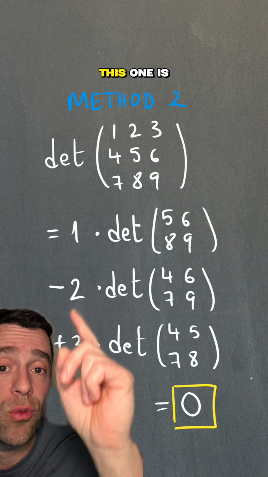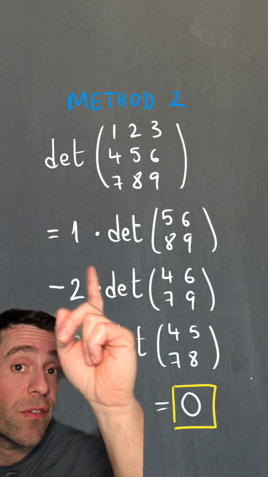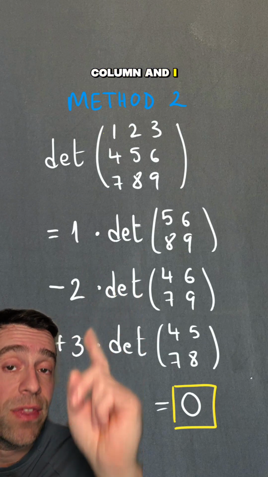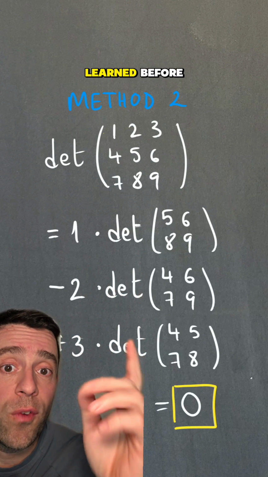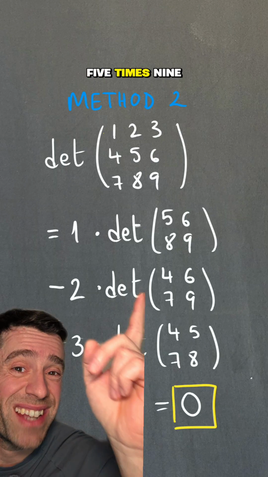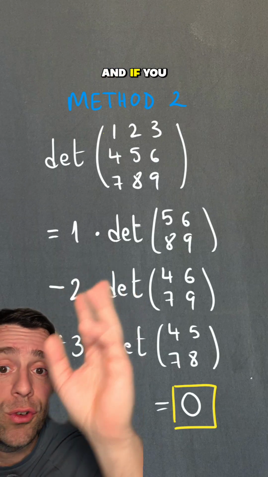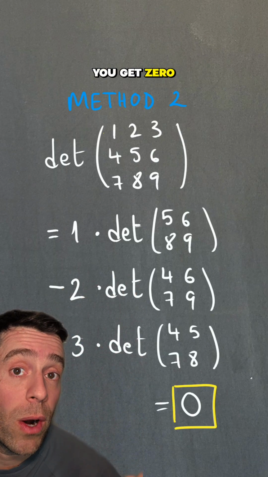So for example, this one is what I get when I cancel out the first row and the first column, and I get that determinant, which, as we learned before, is 5 times 9 minus 6 times 8. And if you do everything out, you get 0 like before.